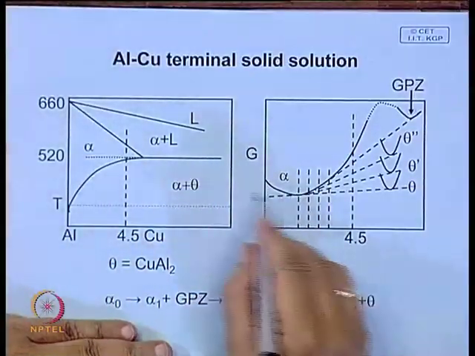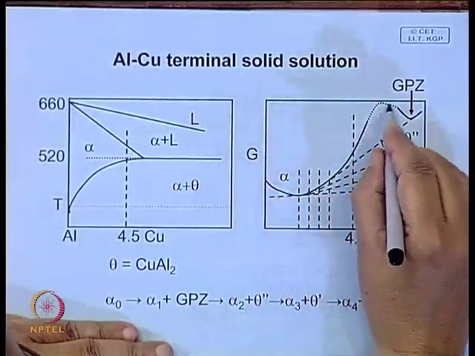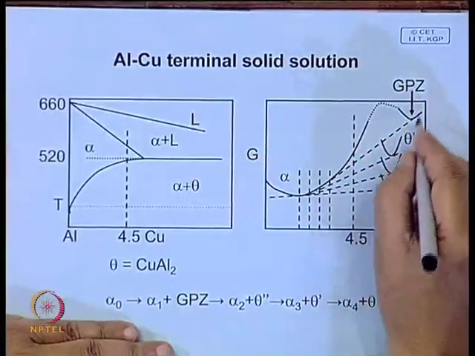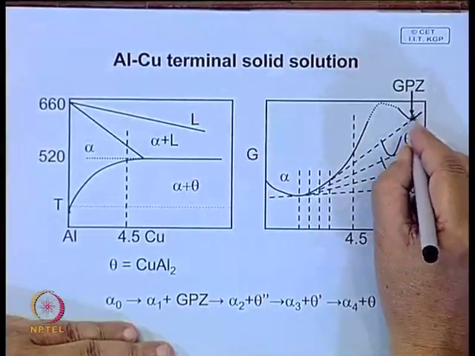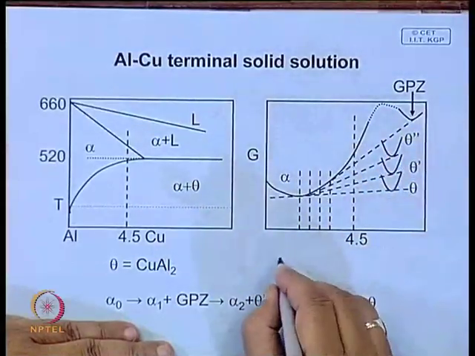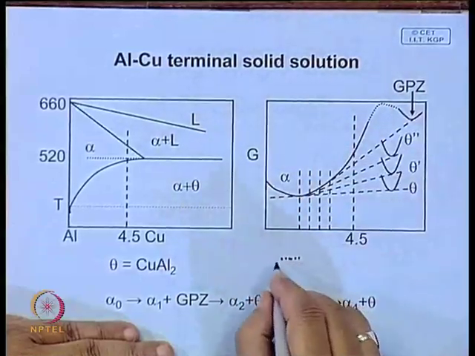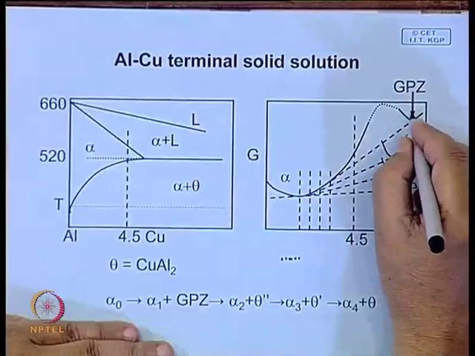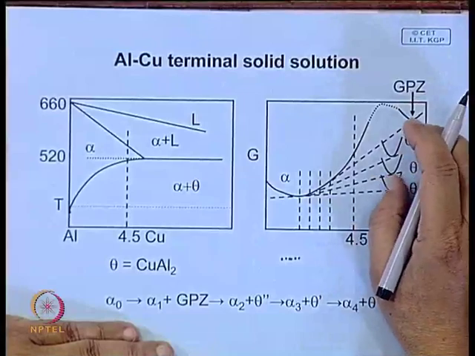Say this is the supersaturated solid solution free energy diagram, and here you have a number of intermediate stages. The initial precipitate that forms is just a cluster of copper atoms in the aluminum lattice, which is fully coherent, but it is unstable. No doubt the volume free energy is much higher, but it is perfectly coherent.